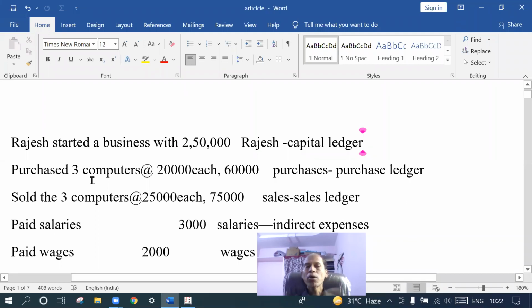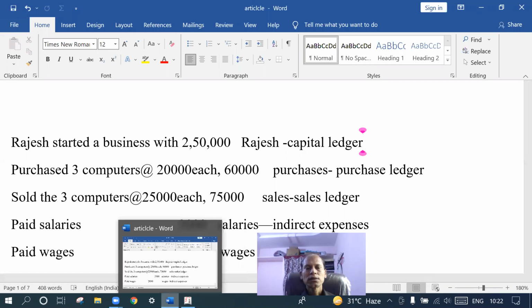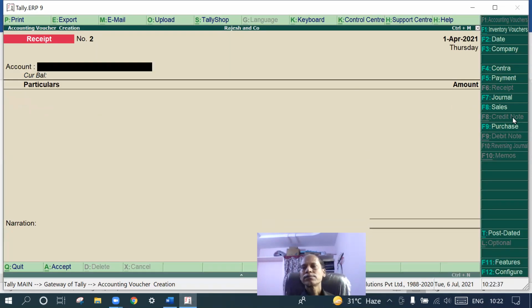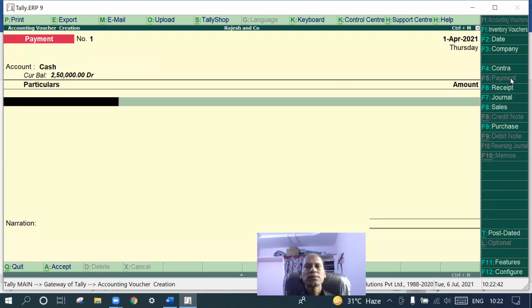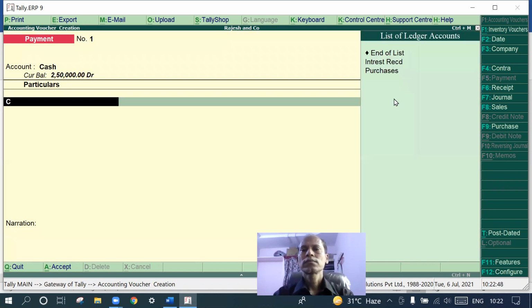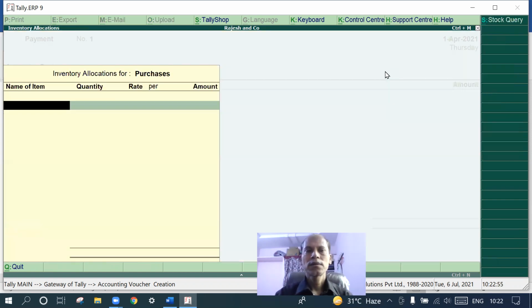The next one is purchased. So we have paid the amount for purchases. We have paid. So payment. Next step is payment, 60,000. Cash paid. So here purchases. So item computers.